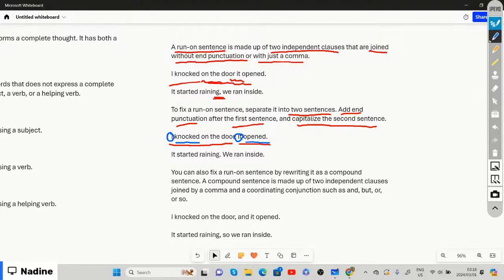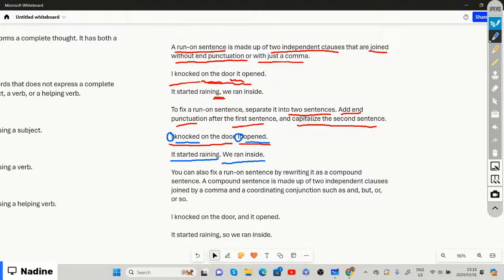They have a subject as well as a verb. It started raining. Period. We ran inside. End punctuation, or period. So now these two sentences can stand on their own, and now they express a complete thought, right?